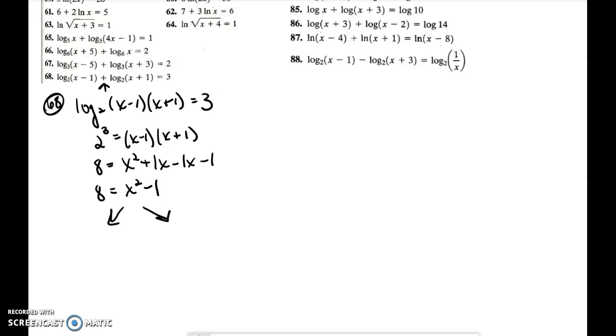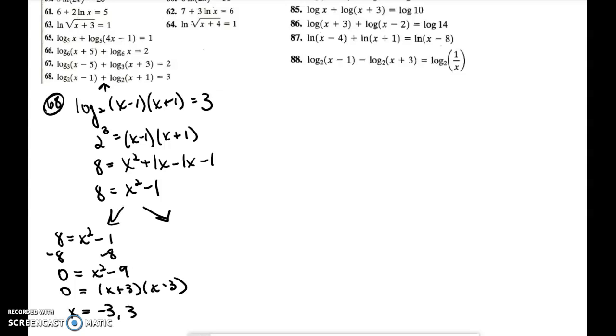If I subtract the 8 from both sides, then I end up with 0 equals x squared minus 9. And recognize that is another difference of 2 squares. So x plus 3, x minus 3. And if I set each of those equal to 0, I would get a negative 3 and then a positive 3 for my answer.